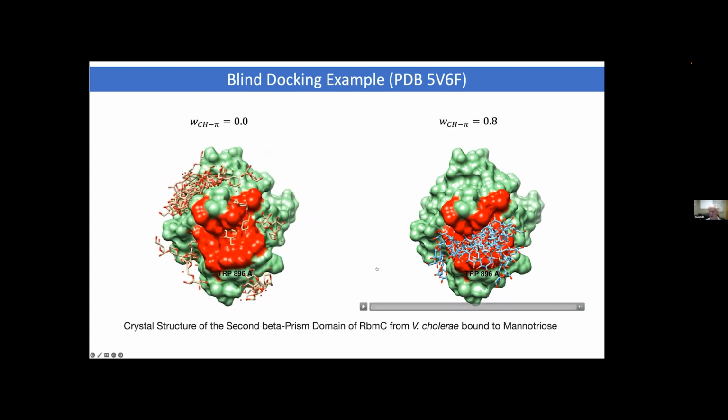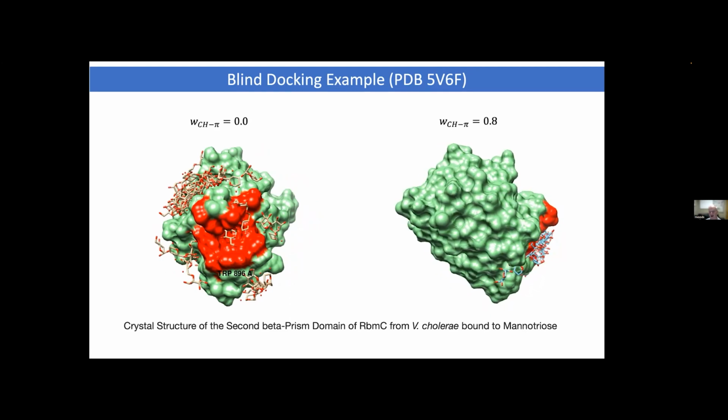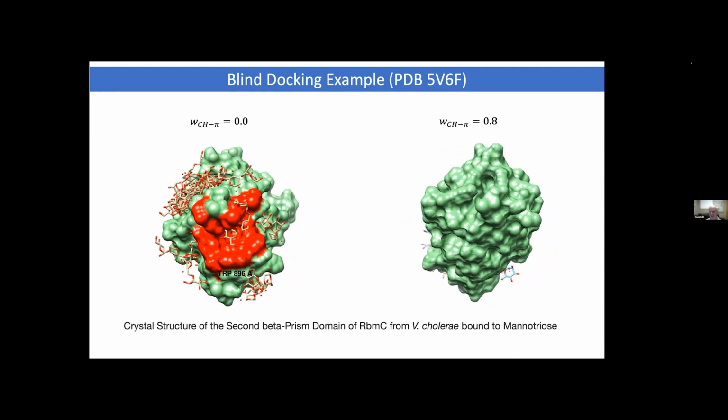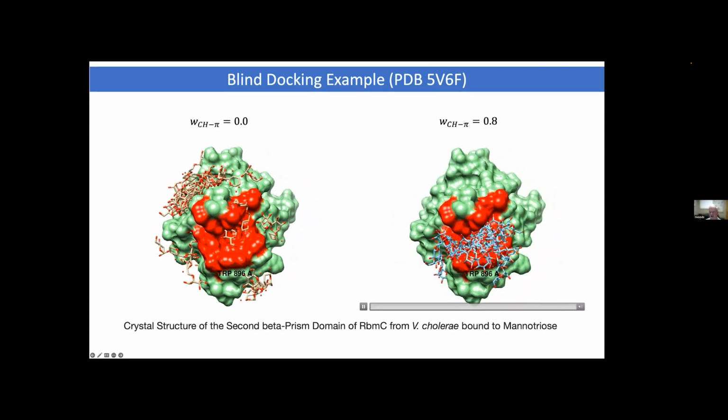If, on the other hand, we apply CH pi term, we include that with a weighting factor of 0.8. You can see now we don't have any around the back or anywhere else, perhaps maybe 1, and all of them are generally in the binding site, but not exactly. So it's not a perfect improvement, but you can see it clearly brings the carbohydrates generally into the carbohydrate binding site.